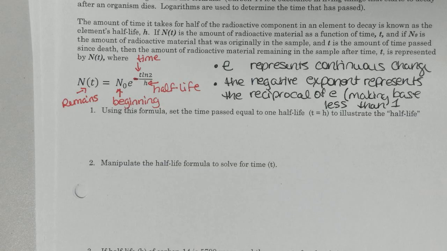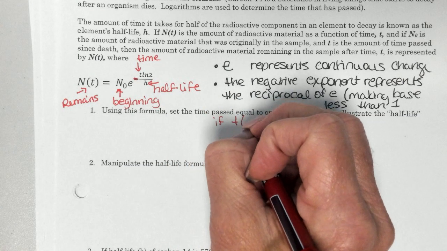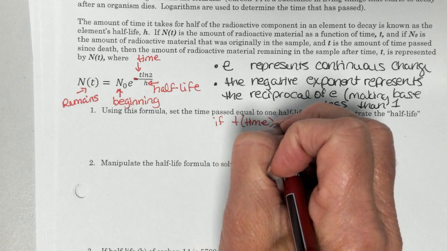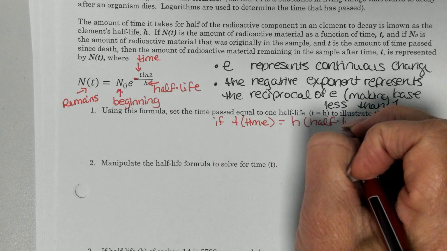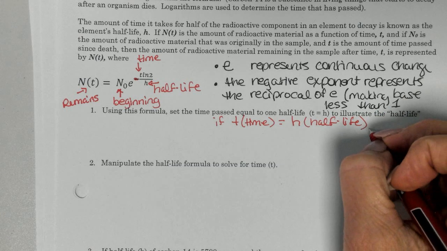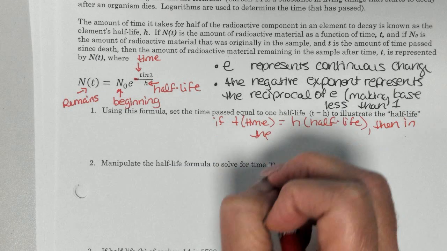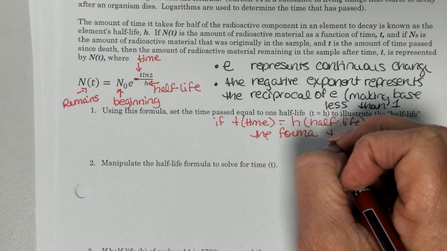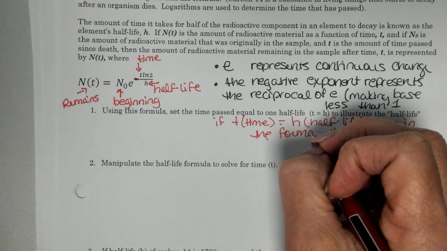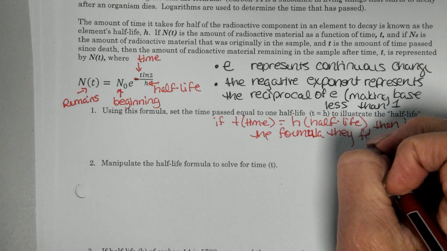So if time t is equal to h, the half-life, then in the formula, they factor out.